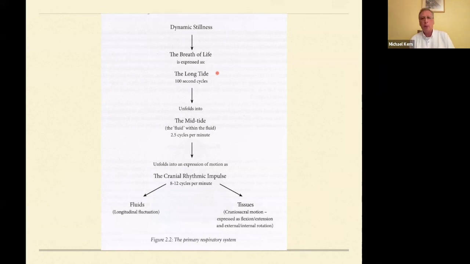Now, a few more things about the long tide, and then I'll talk a little bit about the other rhythms as well. The long tide has not just been felt and identified by craniosacral practitioners.